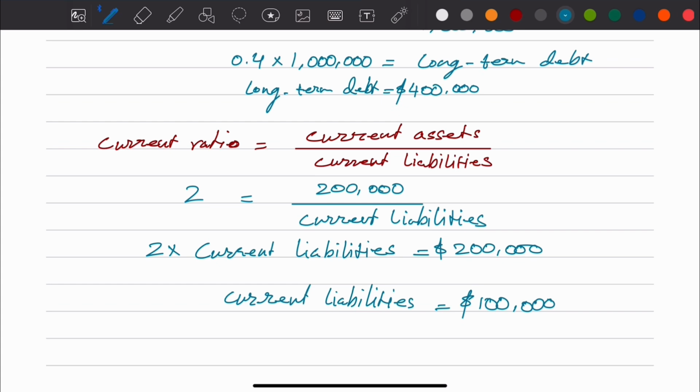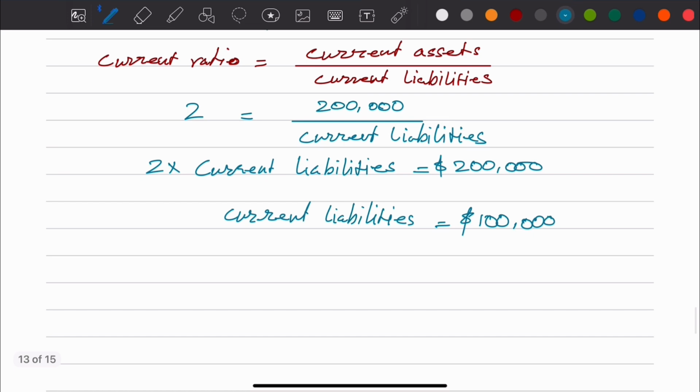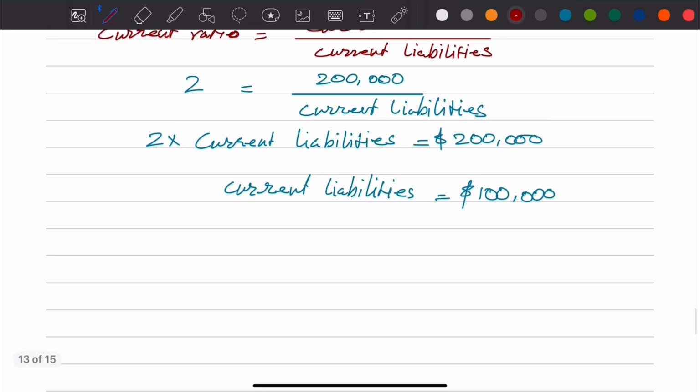Now, we have the company's current liabilities and long-term debts. So we have the current liabilities and non-current liabilities. We can combine these two together and know the company's total debt. So we'll go and write our formula for total debt.